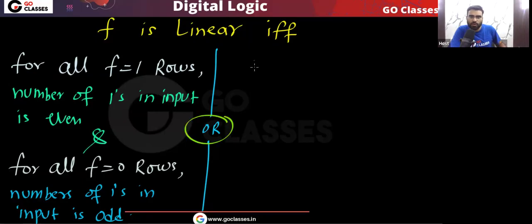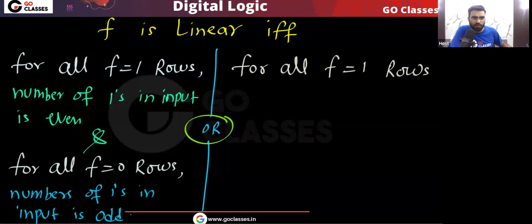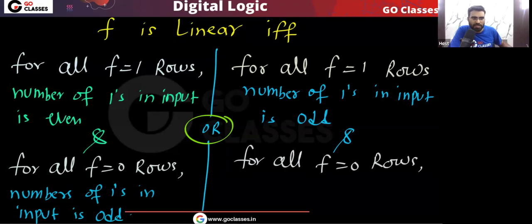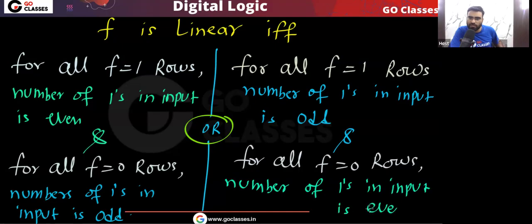Or this can happen: for all f equal to 1 rows, the number of ones in input is odd, and for all f equal to 0 rows, the number of ones in input is even.